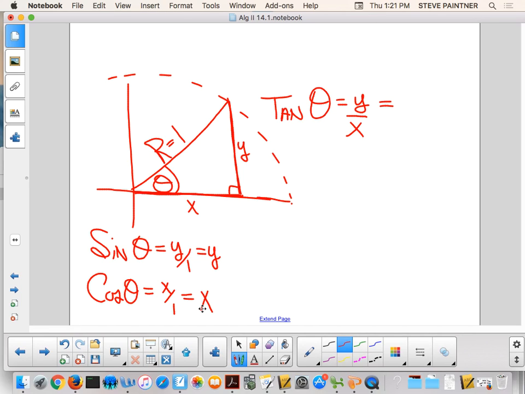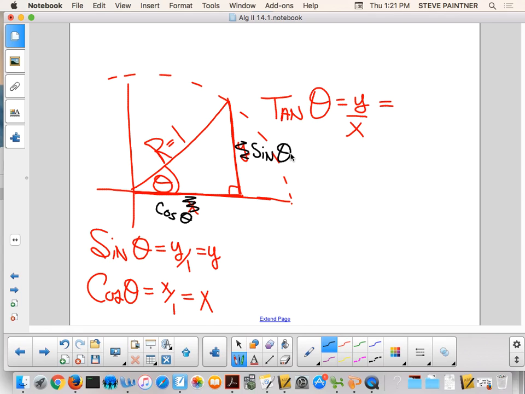So you're telling me that x right here is really just equal to cosine of theta. Now you could scribble that off and call this leg cosine of theta. You're telling me y is sine of theta. So I could scribble off y and just put sine of theta.